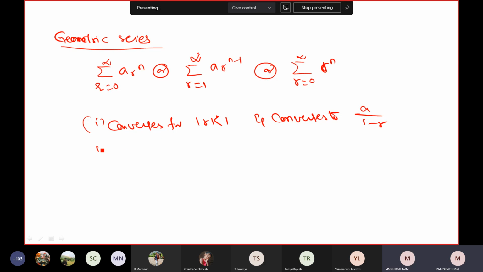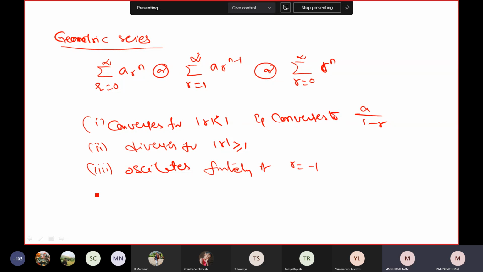And diverges for mod r greater than or equal to 1, and oscillates finitely if r equals minus 1, and oscillates infinitely if r is less than minus 1. This is what we have discussed in the previous class.